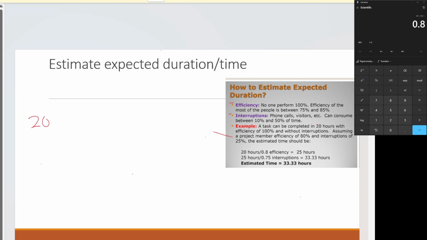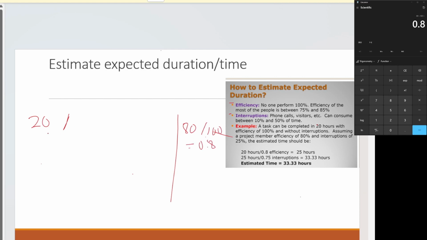And the person has efficiency of 80%. So I'm going to take the hours and divide it by 80%. Since I have a percentage here, I have to convert it: 80 divided by 100 is 0.8.